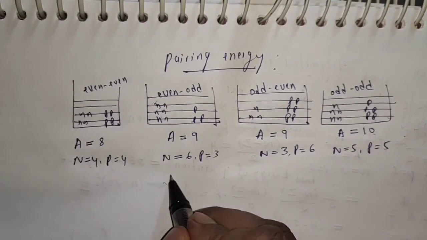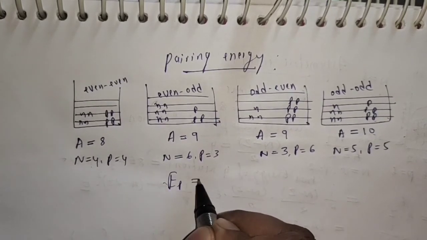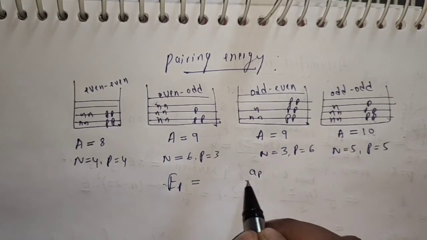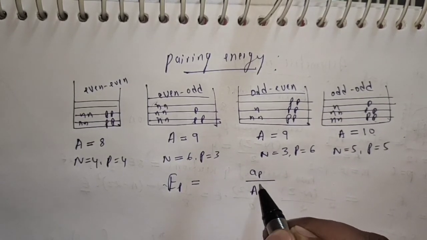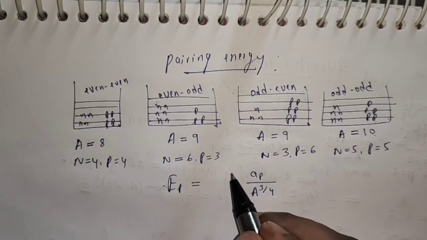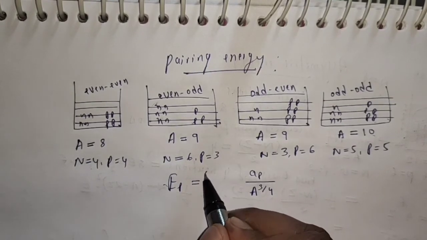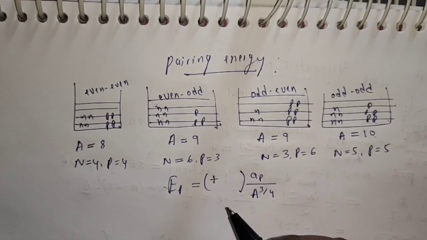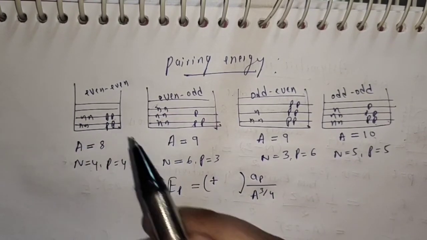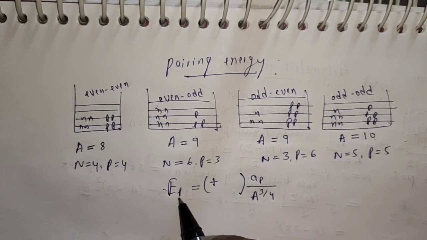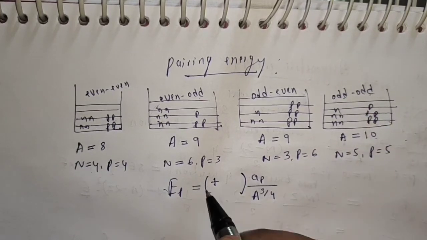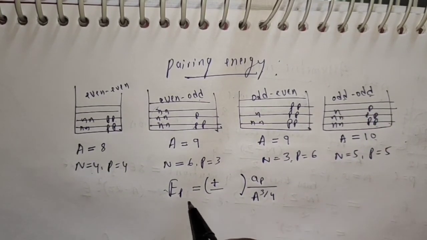And the pairing energy correction is given by A_P divided by A to the power 3 by 4, but here we are going to write plus or minus. For even-even nucleons we are going to add the pairing energy correction, and for odd-odd configuration we are going to subtract pairing energy.